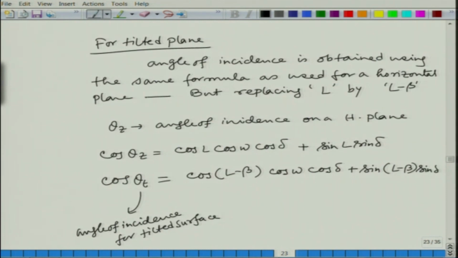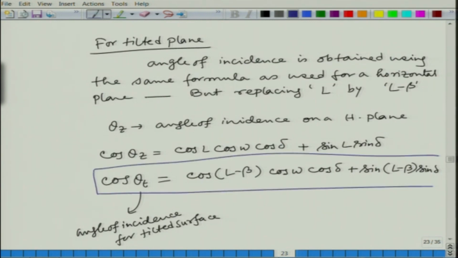Okay. This is super easy, right? Just by a simple observation, you did not have to go through all the different manipulations, you just change the latitude by L minus beta. Okay. So, as if it is a correction factor. Okay. So far so good.